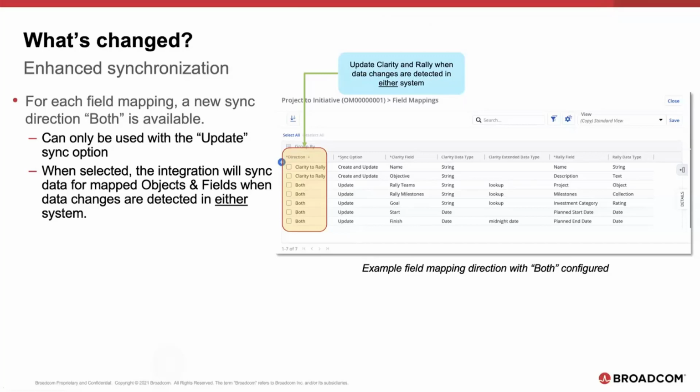The update is a valid sync option for both Clarity to Rally and Rally to Clarity, and now there's a new option available, called both. The both option provides the ability to sync data for mapped objects when data changes are detected in either Rally or Clarity. So combining update with both, the sync will basically change either system accordingly whenever changes occur.